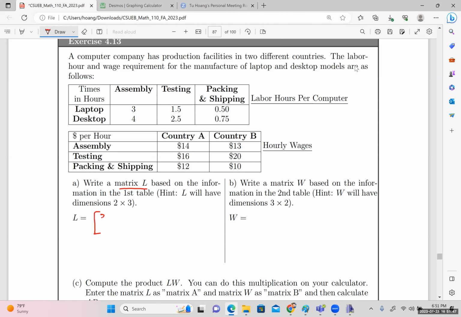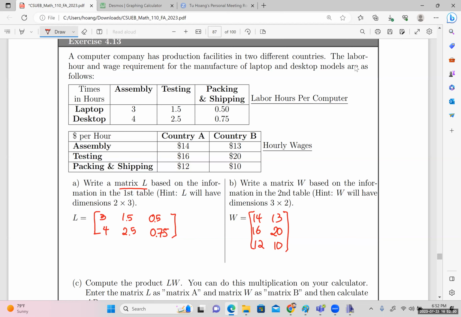So I'm just going to put 2 rows here: 3, 1.5, 0.5, 4, 2.5, 0.75. And W is going to be the hourly wage, right? 3 by 2. So make it 3 by 2: 14, 13, 16, 20, 12, 10, right?